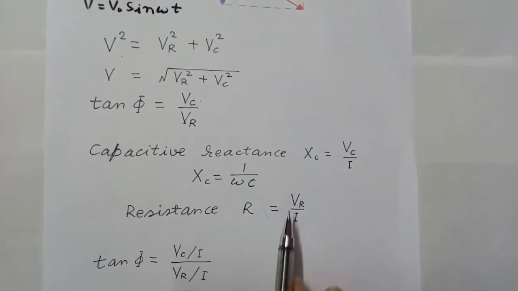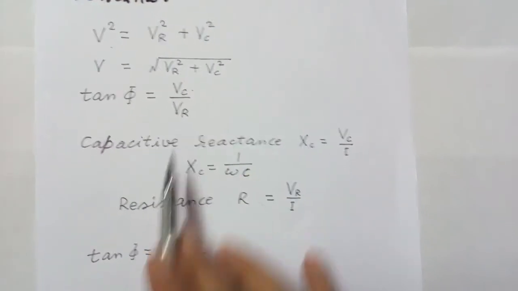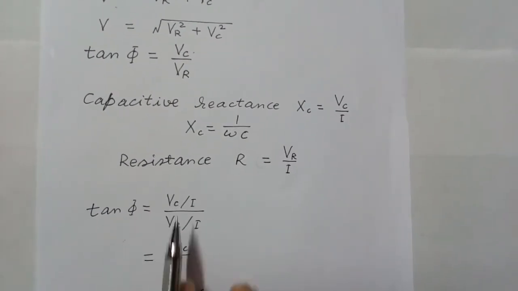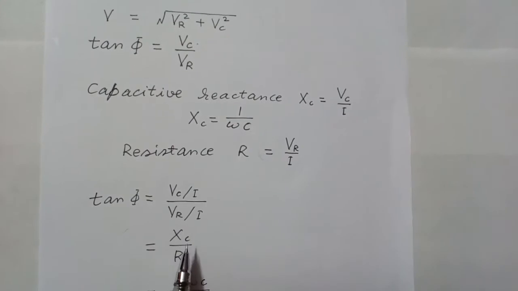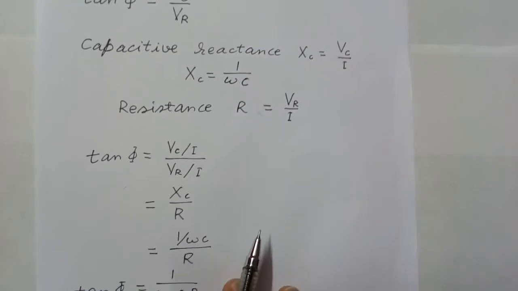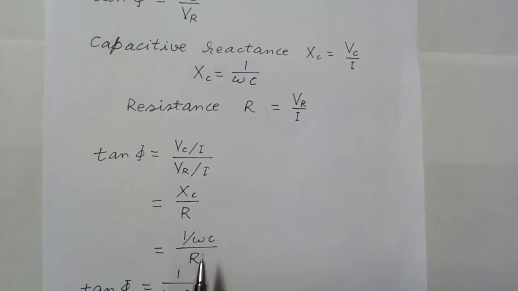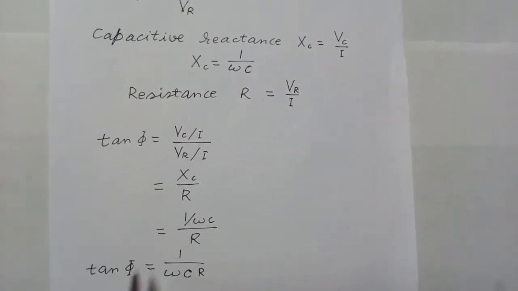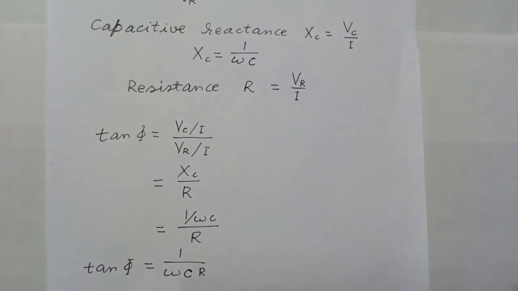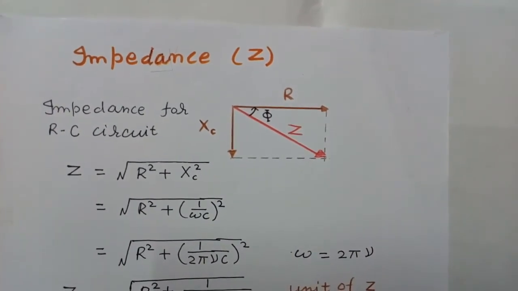Resistance R is equal to VR upon I, so divide VC and VR by current I, so tan phi is equal to VC upon I upon VR upon I. For this VC upon I, we may write XC capacitive reactance, and for VR upon I, we may write capital R. So this tan phi is equal to XC upon capital R. Now XC is equal to 1 upon omega C, so tan phi is equal to 1 upon omega C upon R, which is equal to 1 upon omega C R.